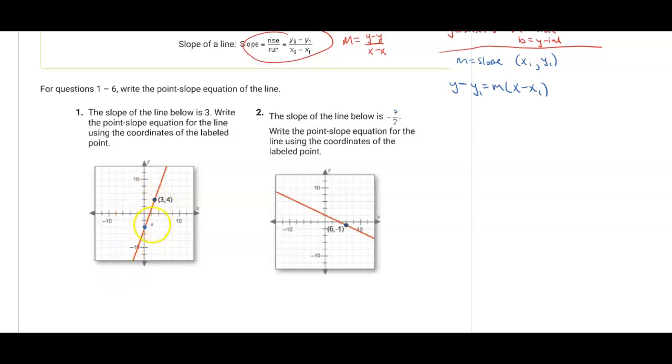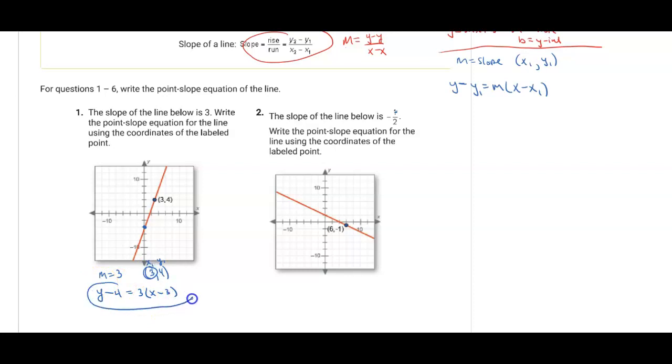So they tell you the slope, the graph is not that great. But if your slope is 3 and it goes through the point 3, 4, here's your m, here's your x1, here's your y1. So y minus, remember it's y1, which is 4, equals 3 times x minus this 3 here.